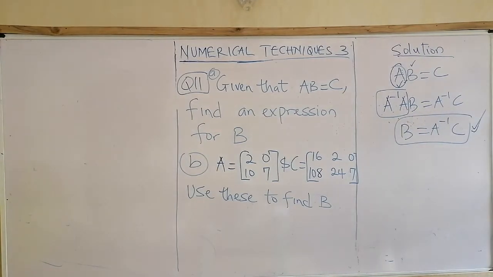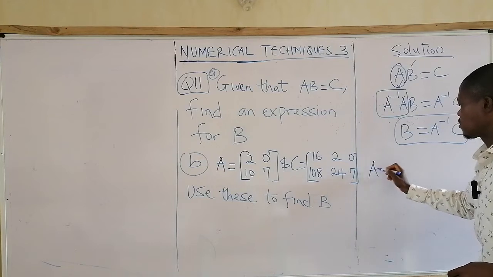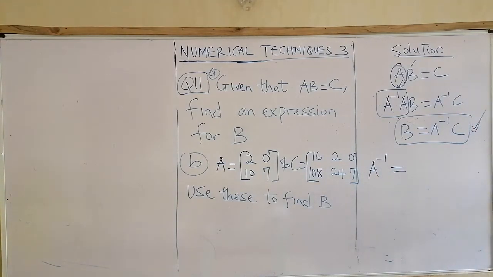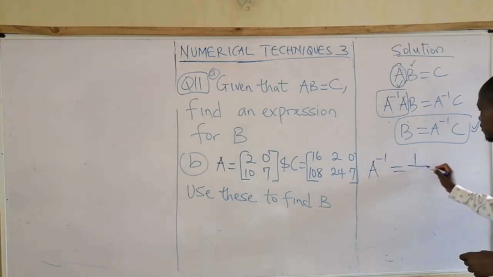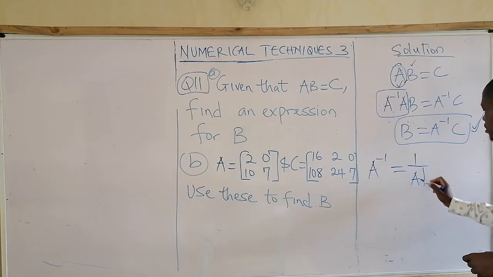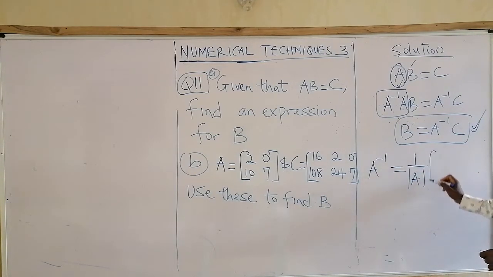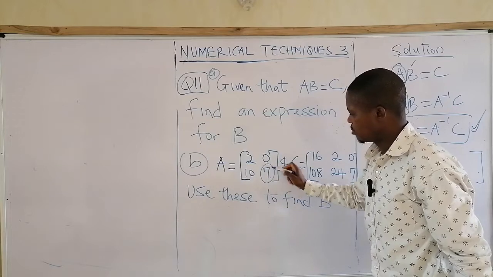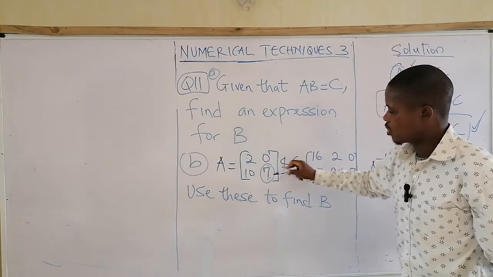So we already have an expression for B, and what we need to do is generate a value for A inverse. The inverse of a 2 by 2 matrix is 1 over the determinant times the matrix. You interchange what you have here: 7 will go here, and 2 will come here.